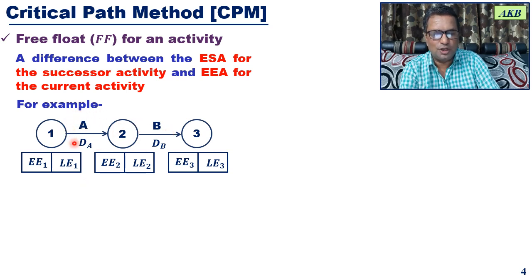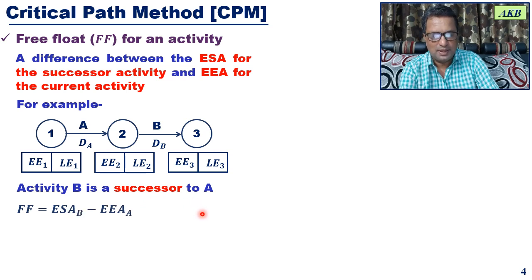Okay. So you have two activities, A and B. If you are talking about activity A, then activity B will be the successor activity for that. Are you understanding it? So here, as I said earlier, activity B is a successor to A, and therefore, with this definition, the difference between the earliest start time for the successor activity, in this case B, minus the earliest end time for the present activity, the activity for which we are finding free float.